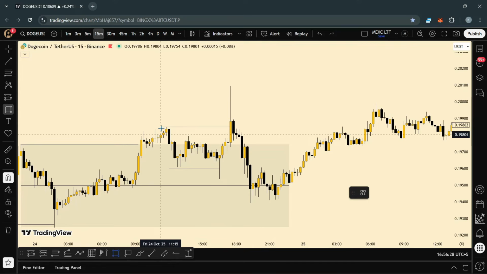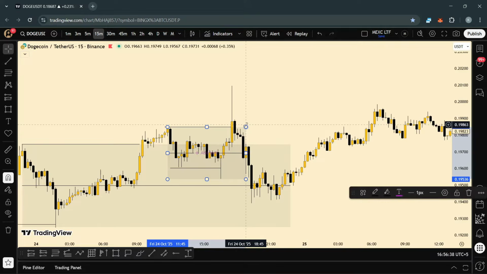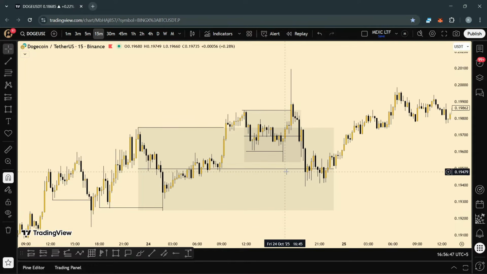So why did this zone not work? Well, first thing, it's not a 100% win rate strategy. That's the first thing. But this particular zone should be avoided. Why? Because there are two things to understand here.